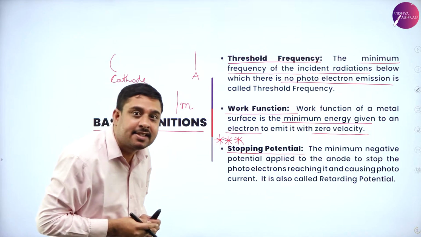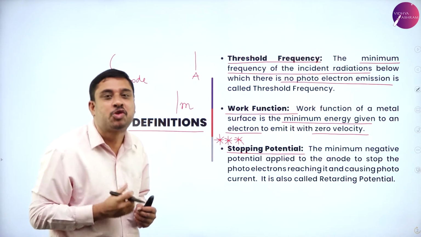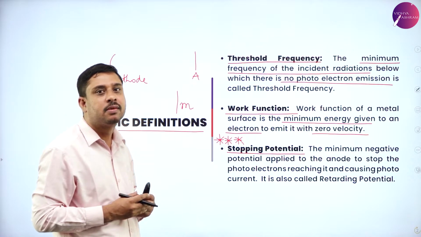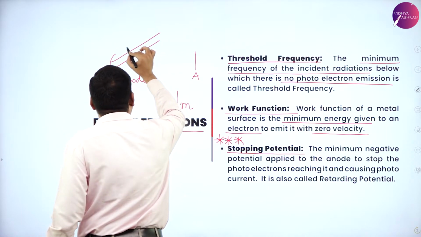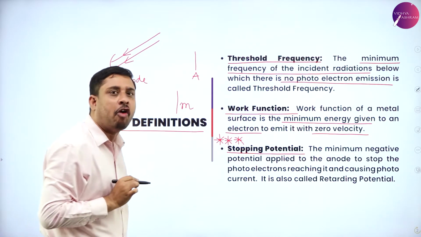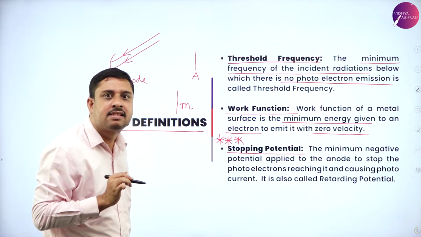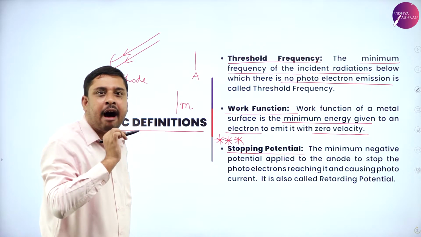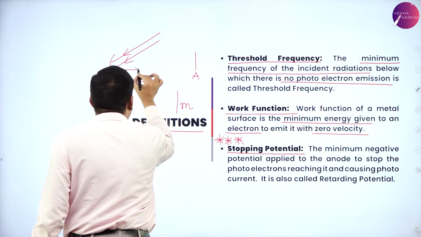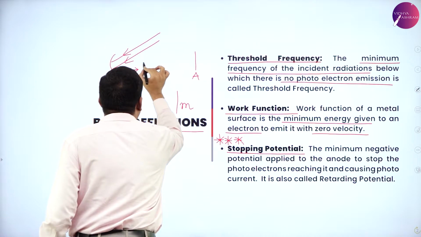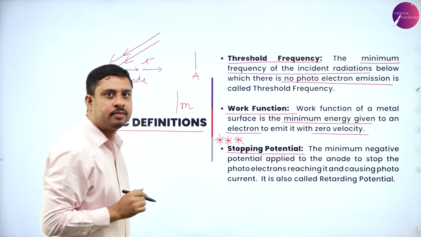Cathode liberates electrons and anode collects those electrons. Now, as soon as radiations are incident on the cathode, the photoelectrons are liberated, which start moving towards the anode.